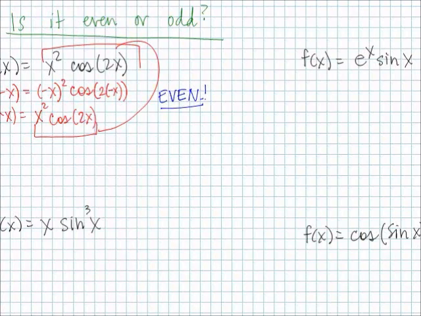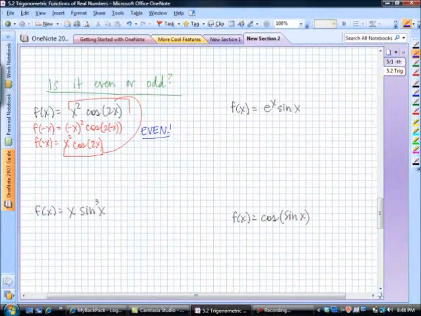Okay, so let's try another one. Let's try f of x equals e to the x sine x. Let's plug in negative x everywhere you see x. So you get e to the negative x sine negative x. In simplifying, e to the negative x is the same thing as 1 over e to the x.